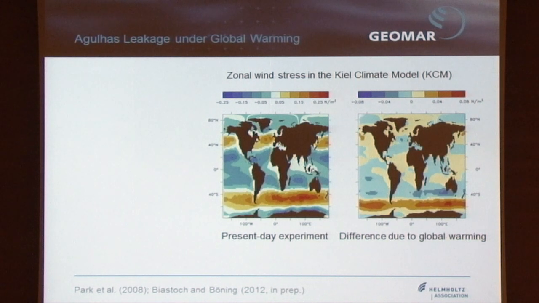A coupled climate model that is contrasted with a present-day experiment, where you see here the southern hemisphere westerlies and the trades and so on, contrasted with an ensemble of climate change scenarios that are averaged together, where they all agree on a southward migration and intensification of the westerlies.